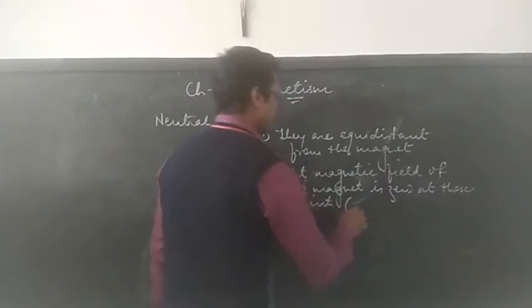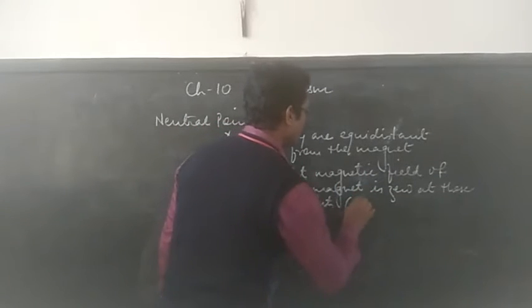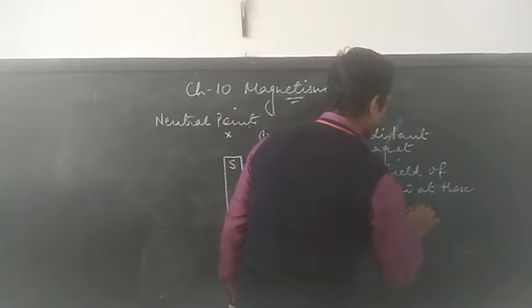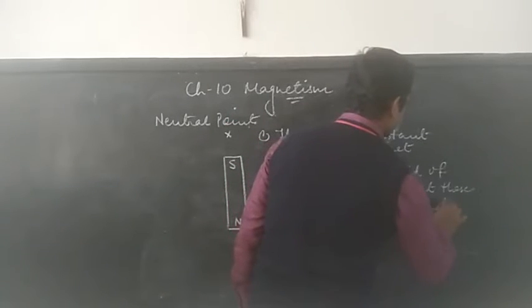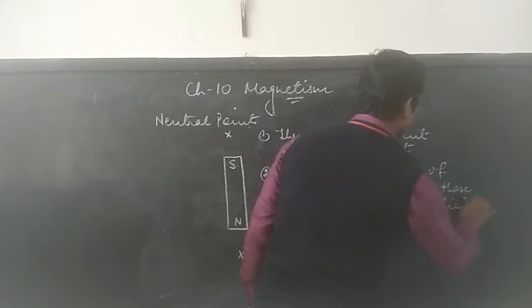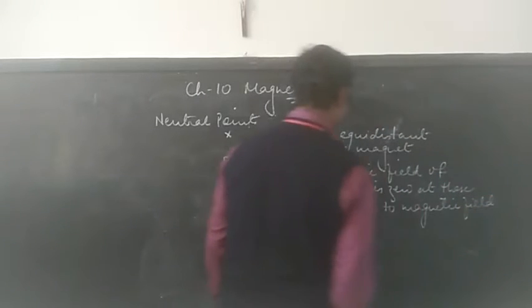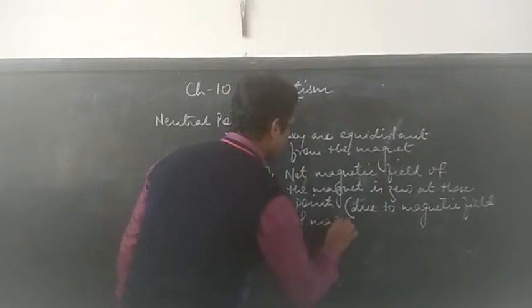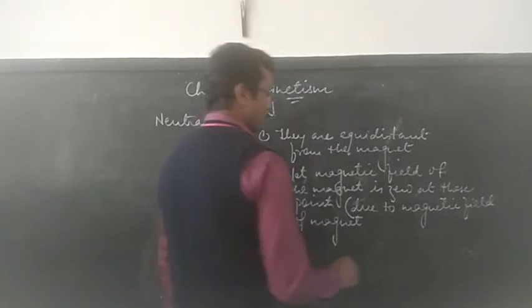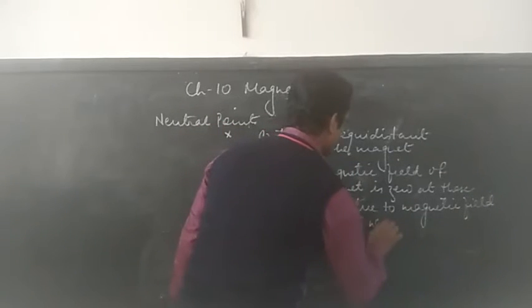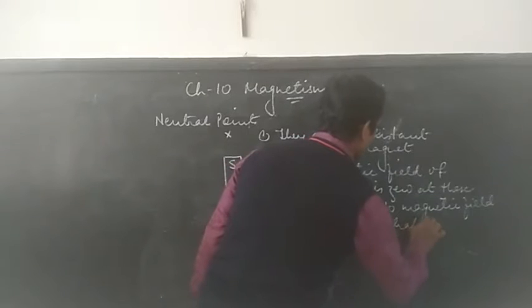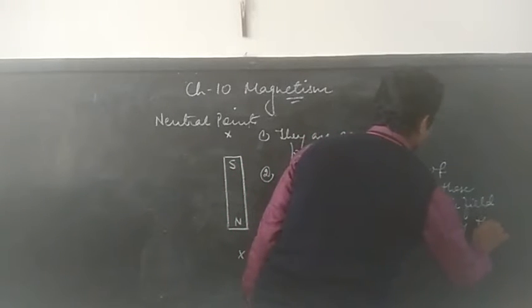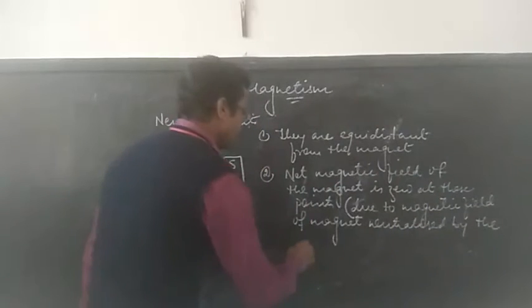And this magnetic field is zero because the magnetic field of the magnet is neutralized by the Earth's magnetic field.